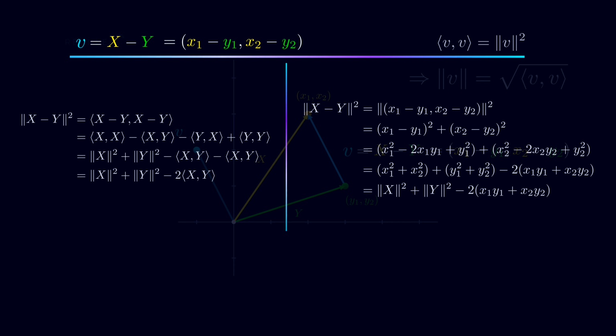So here we get two expressions for the square norm of x minus y, and comparing them we get norm of x square plus norm of y square minus 2 times the inner product of x and y is equal to norm of x square plus norm of y square minus 2 times (x1 y1 plus x2 y2), which implies the inner product of x and y is equal to x1 y1 plus x2 y2.